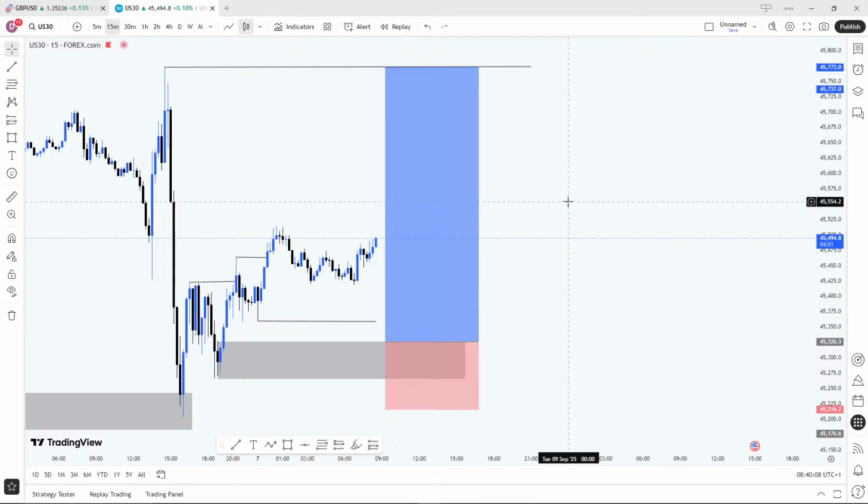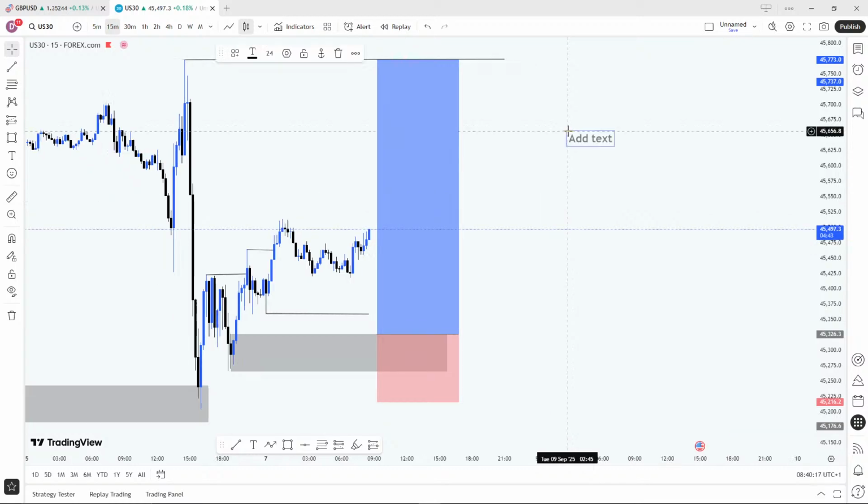So let's also set this very limit order. If it was a market order, it has all the criteria, all the confirmation complete, we wouldn't be setting a limit order.